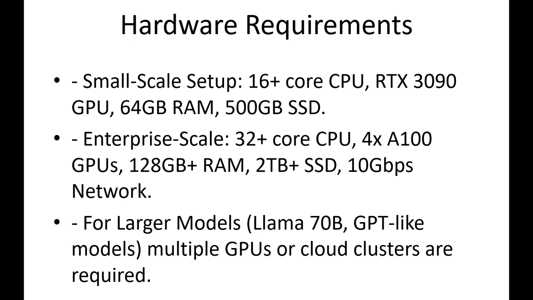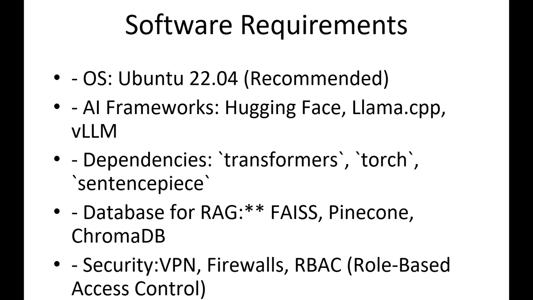For larger models, you require multiple GPUs and or cloud clusters. For software, the Ubuntu operating system is recommended with Hugging Face or llama.cpp. Dependencies are transformers, sentence piece; databases for RAG are FAISS, Pinecone, ChromaDB. For security, virtual private networks, firewalls, gateways, role-based access control, credentials, confidentiality, authenticity, and authorization are required.